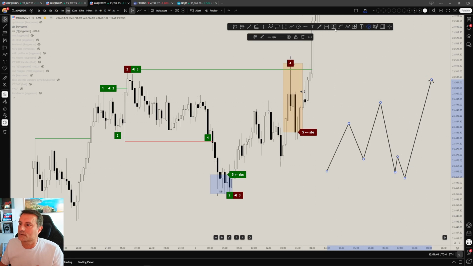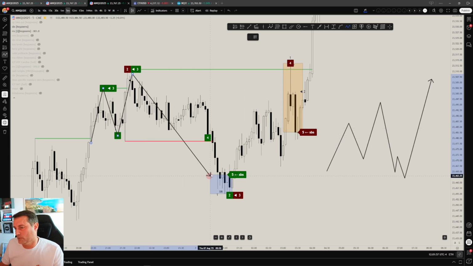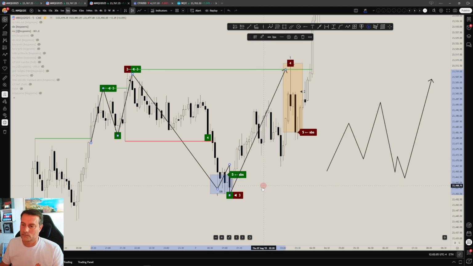Okay, let's overlay it. Let's see if it's correct. So 1, 2, 3. The 4 is marked. I mark it when we breach the 2, but you need to wait for a swing. So 4 will be here, 5, and off we go.